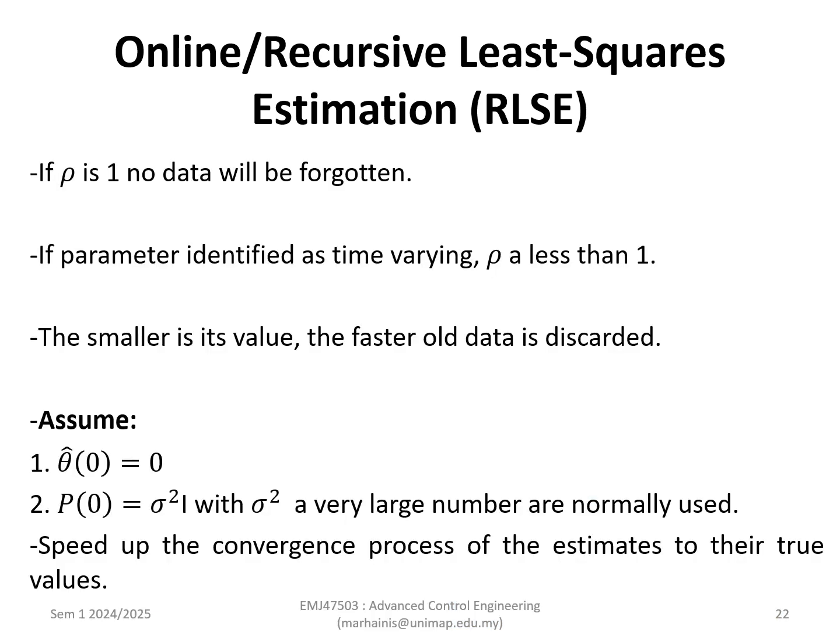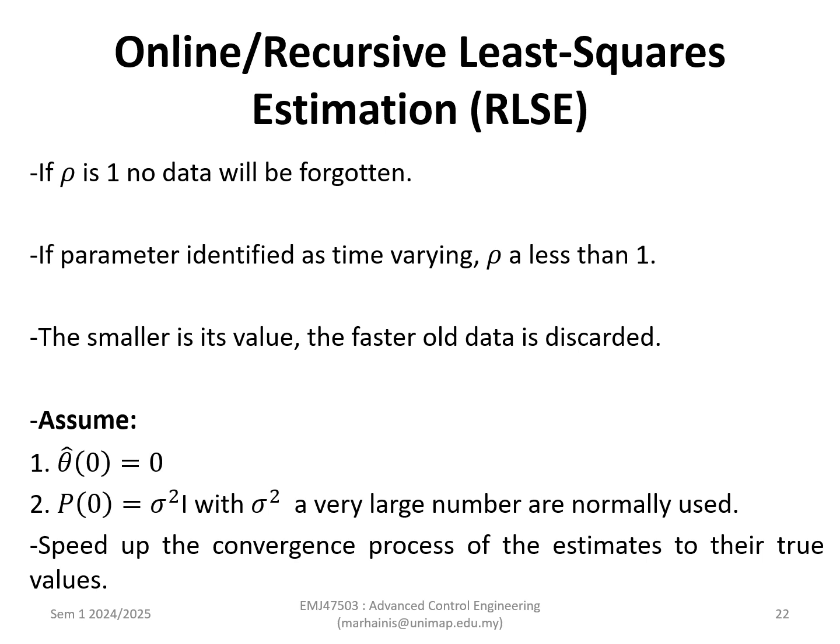If rho is 1, no data will be forgotten. Therefore, if the parameters to be identified are time varying, rho should take a value less than 1. The smaller its value, the faster old data is discarded.